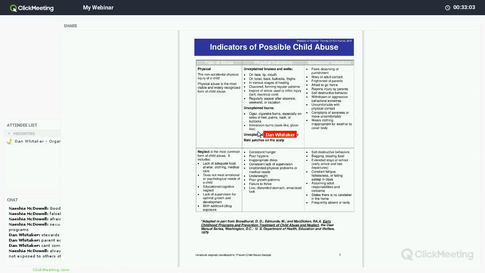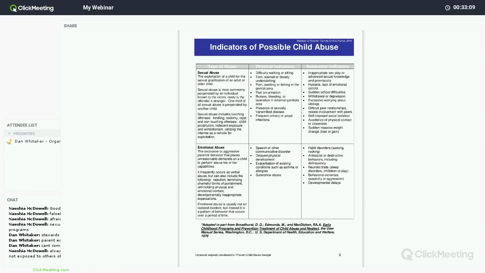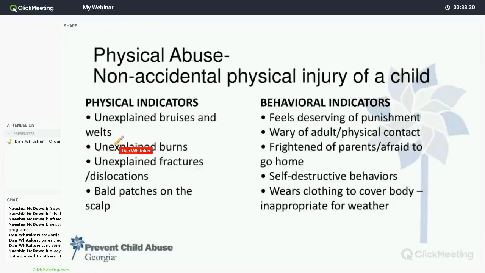It has physical abuse, and then it also has physical indicators, behavioral indicators, neglect, and physical and behavioral indicators, and it also has sexual and emotional abuse as well. So you guys have all of these that you're going to refer back to, and I would keep these handy so that when you're making a report of abuse, you can write those indicators in there that you have seen, or you might use this as prior concerns about behavior that you've witnessed from the child.